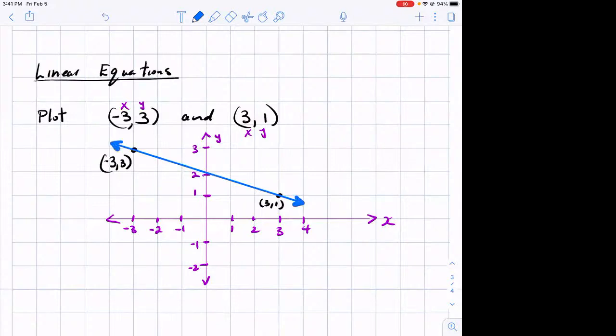It just passes through those 2 points. And that is what we call a linear equation, okay? A linear equation, hence a straight line.